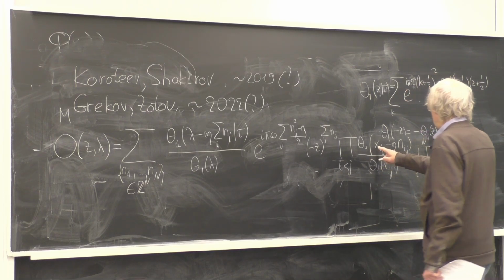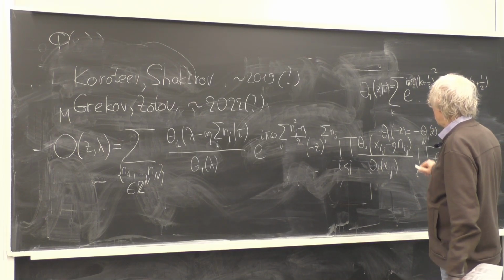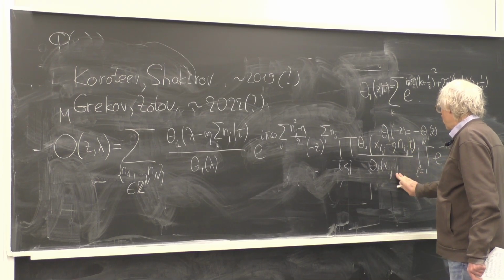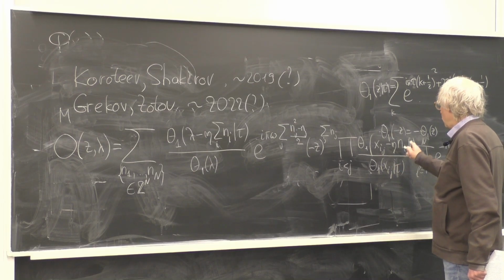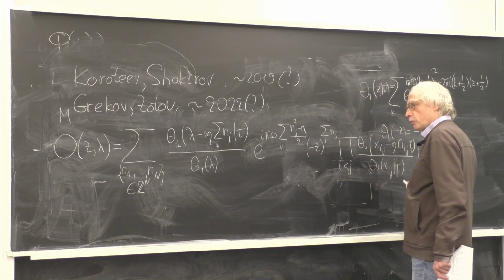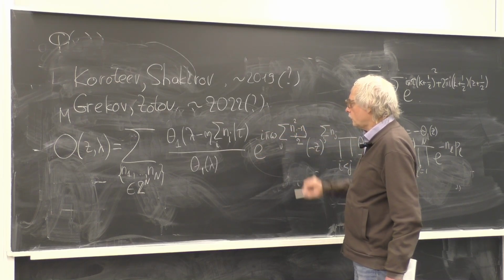So x, I, and pi are coordinates and momenta, having canonical Poisson brackets. Tau and omega are elliptic moduli, so these theta functions depend on tau, and this factor depends on omega.